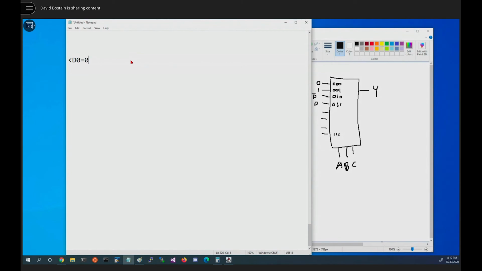D0 equals 0. Because the top line's actual name is D0. Space D1 is equal to 1. D2 is equal to not D. D3 is equal to D. D4. You get the idea?